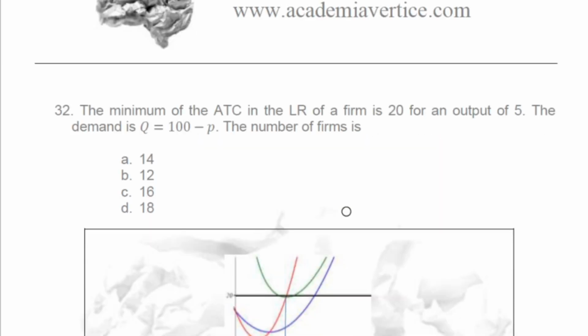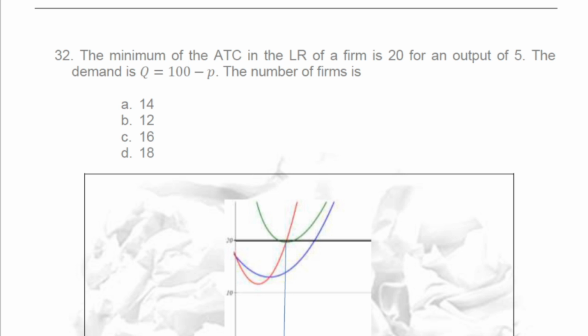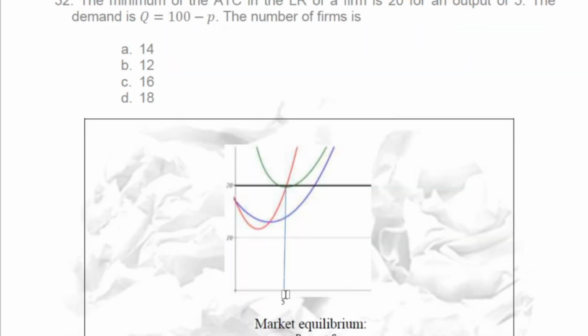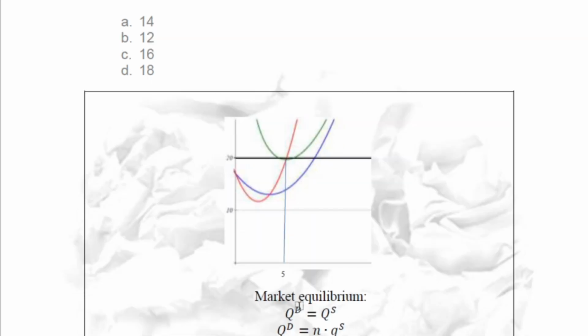So if we think about the graph, we have here Q equal to 5, we have here 20, and this green curve is the average total cost curve. Then the market equilibrium is how we find the number of firms in the long run.